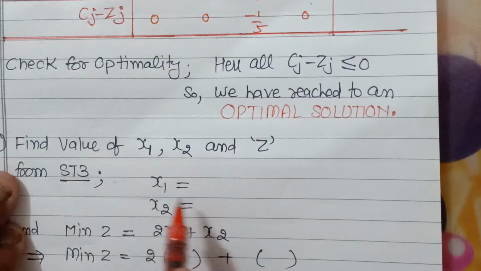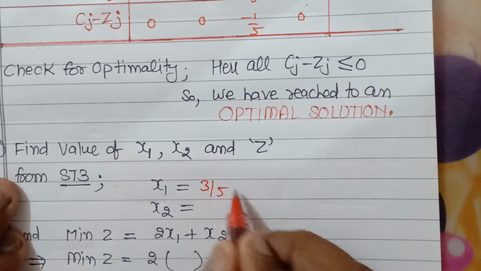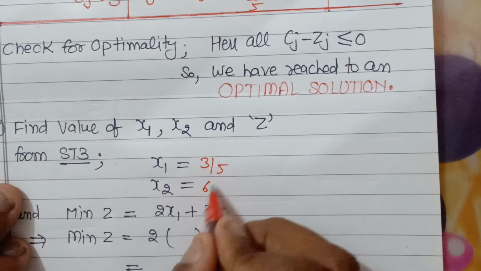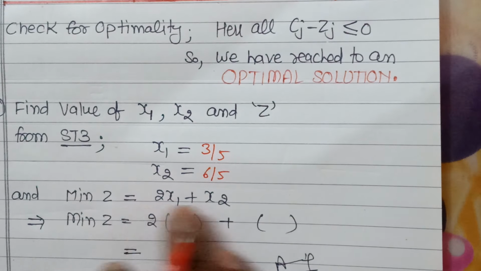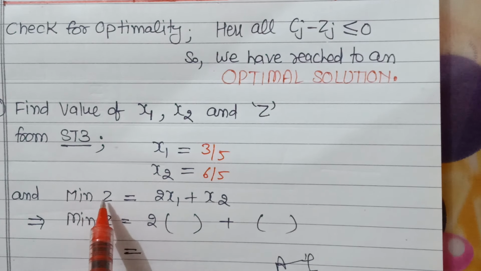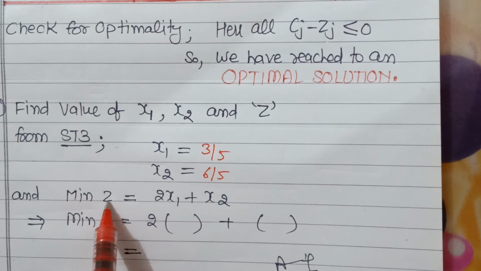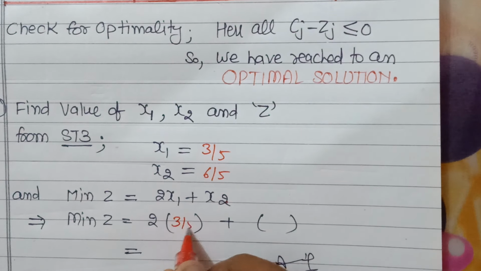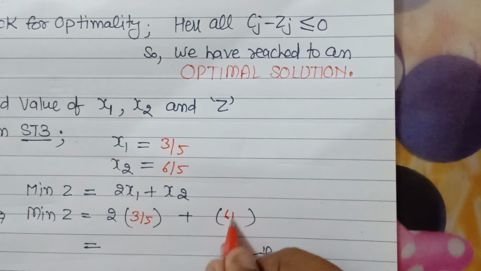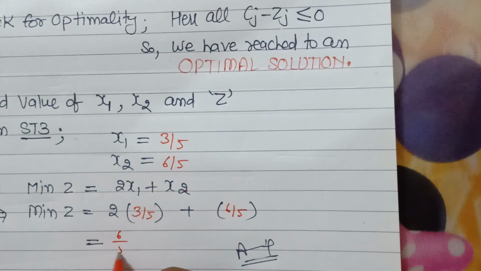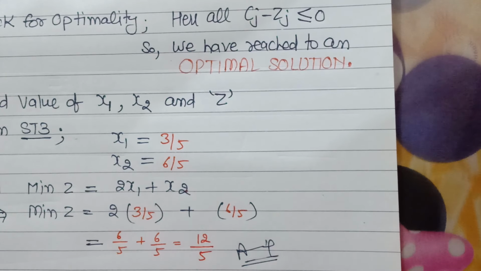So x1 is 3 by 5, x2 is 6 by 5. Now if we put these values in the initial objective function, that is minimize z equals 2x1 plus x2, we have 2 into 3 by 5 plus 6 by 5, which is 6 by 5 plus 6 by 5, and the final solution is 12 by 5.